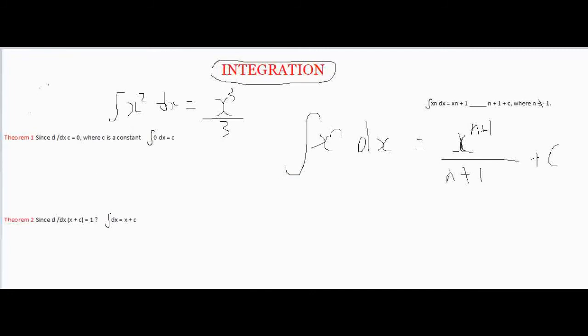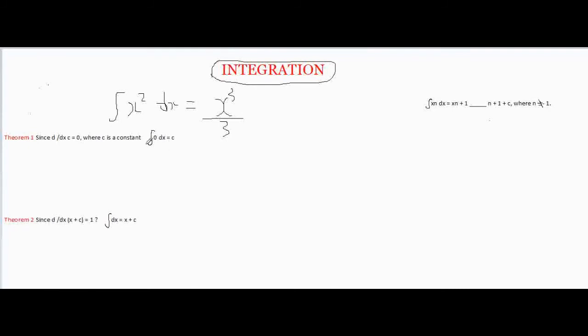Okay, so now let's move on to theorems behind integration. Theorem number 1. Since d/dx of a constant c equals 0, then the integral of 0 dx just equals a constant.